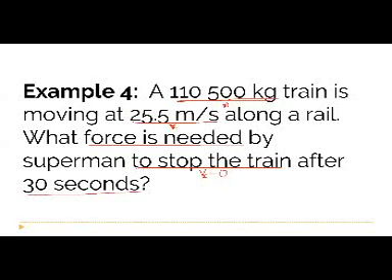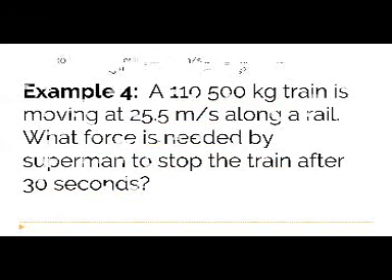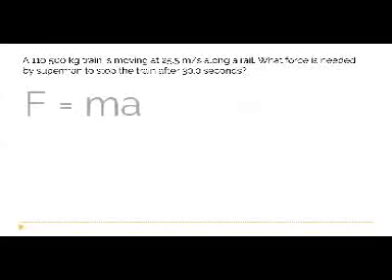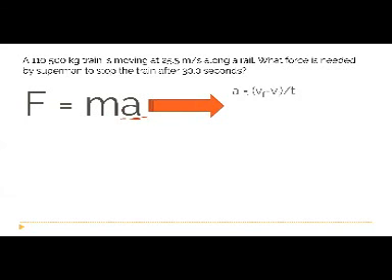Since we have the value of our mass but we do not have the value of our acceleration, using force is equal to mass times acceleration, we need to solve first for the acceleration using the equation of acceleration. That is equal to final velocity minus initial velocity divided by the time interval.